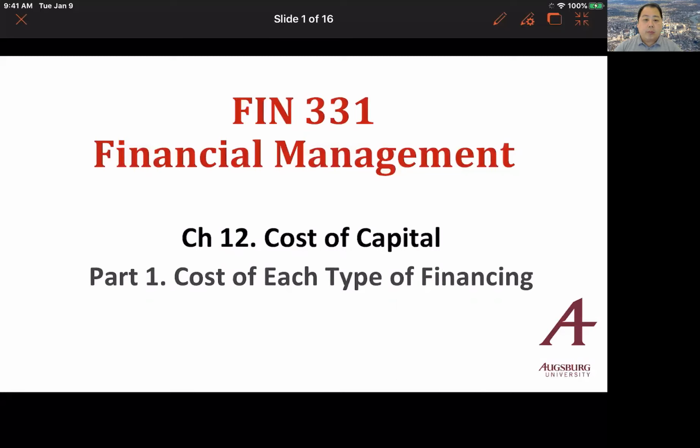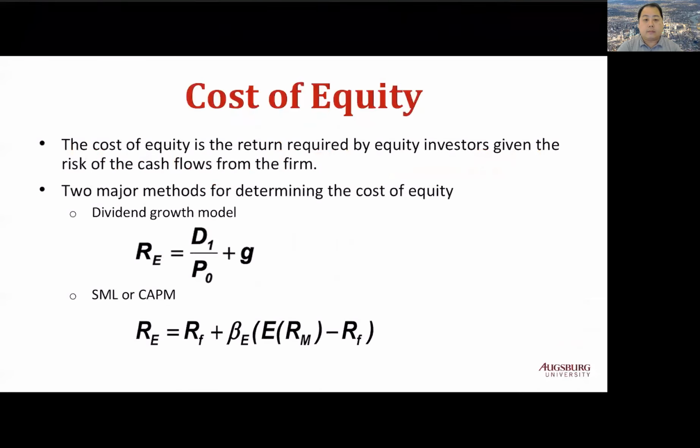First part, we will see how to calculate the cost of each type of financing: equity, debt, and preferred stock. Let's start with the cost of equity. First of all, the cost of financing is in fact the same as the required return for the investor, because an investor provides funds to the firm.